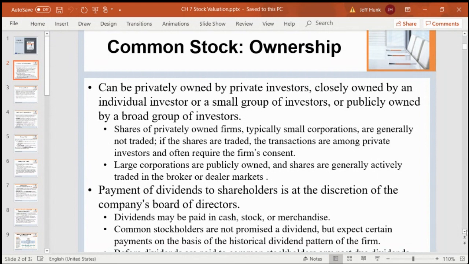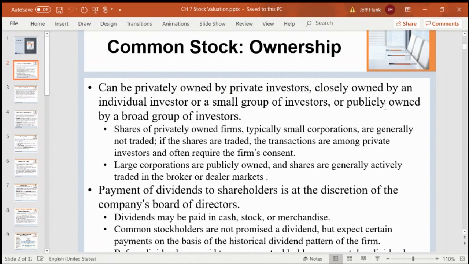First of all, stocks can be owned privately by private investors, or closely owned by an individual investor or a small group of investors, or publicly owned by a broad group of investors. Now, when we say stocks, we generally refer to the common stocks traded in the stock market.